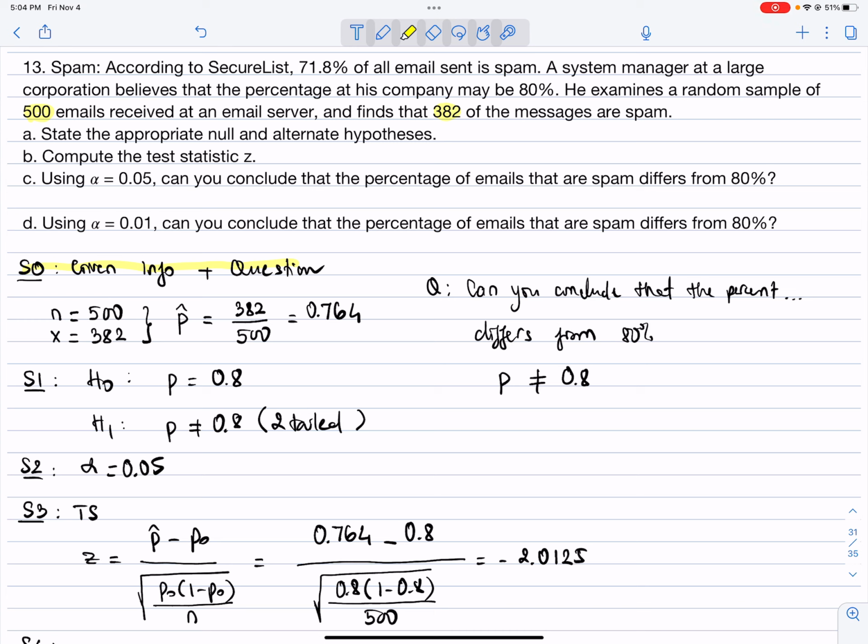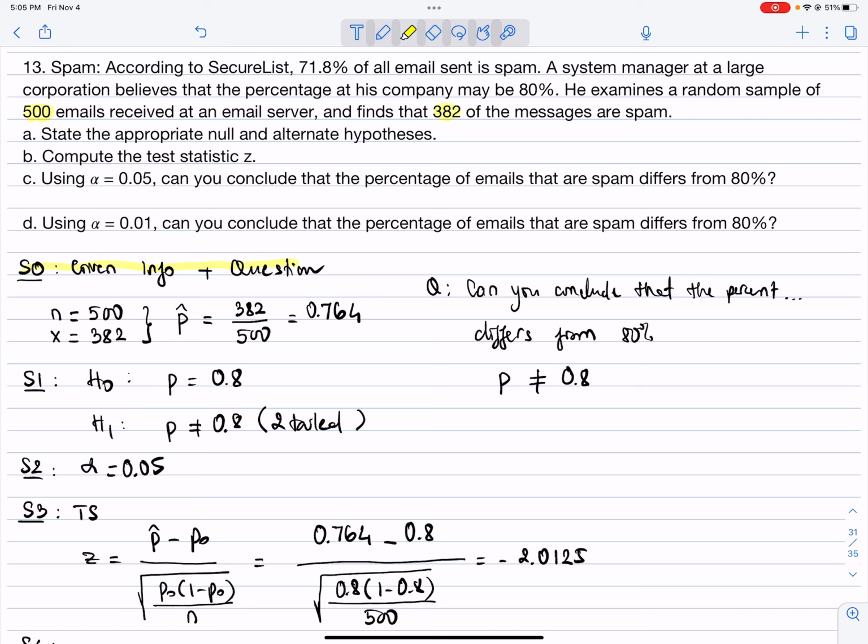And in the 500 emails, 382 are spam. So we can find p hat, which is 382 divided by 500. In this case, we can divide nicely, and I got 0.764.